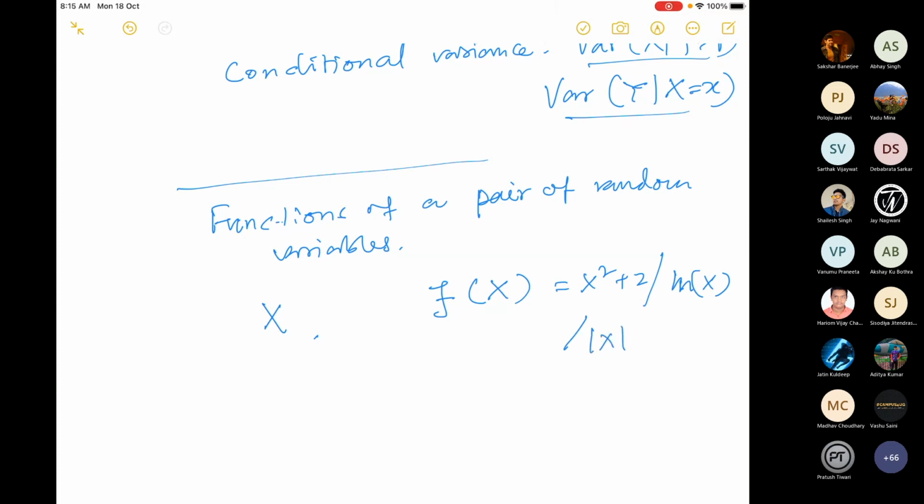We also had some attention on the function (X minus mu) by sigma, which is the standardization of capital X.